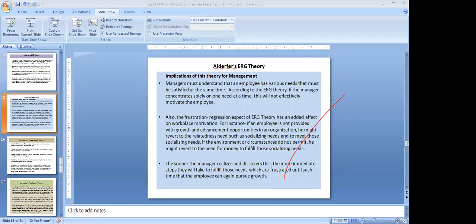So what plays out then is that the individual in question will fall back, will regress into an already acquired need and concentrate his effort there. Okay, if that need is still not met, or if it becomes difficult, he still falls back to another lower level need.